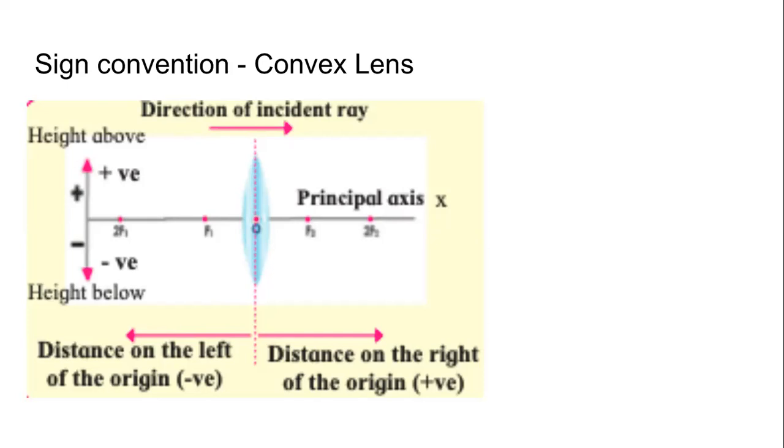Now we know anything on the right hand side will be positive, anything on the left hand side will be negative. ऐसा ही तो होता है coordinate geometry में. Anything above will be positive, anything below will be negative. Do you remember this in coordinate geometry? Same convention, nothing new.